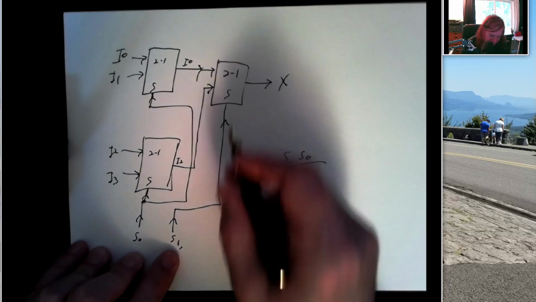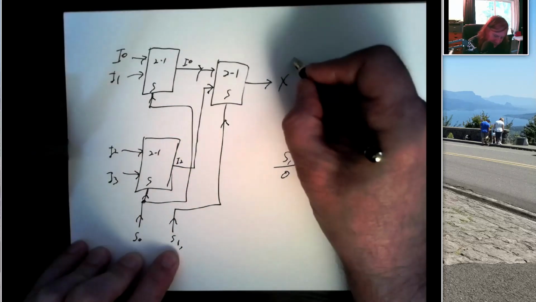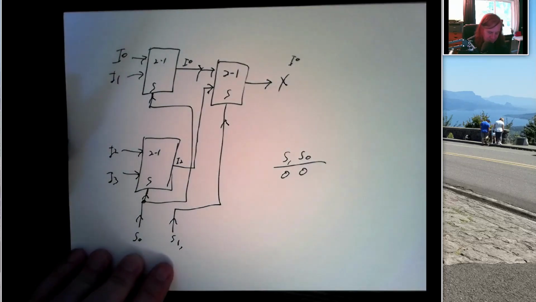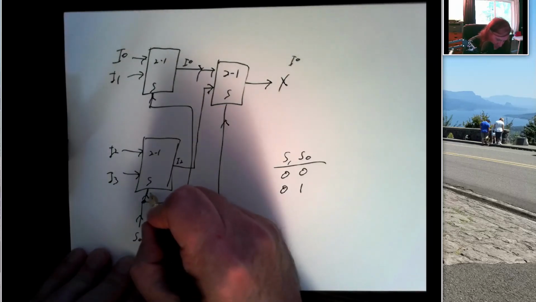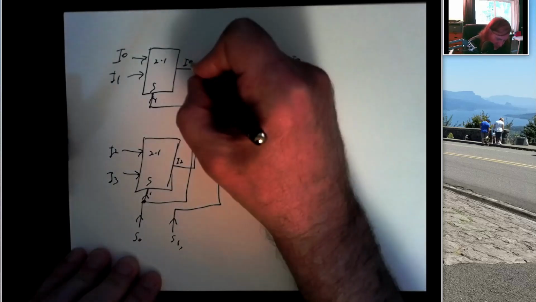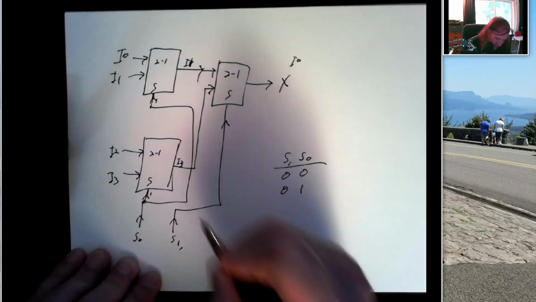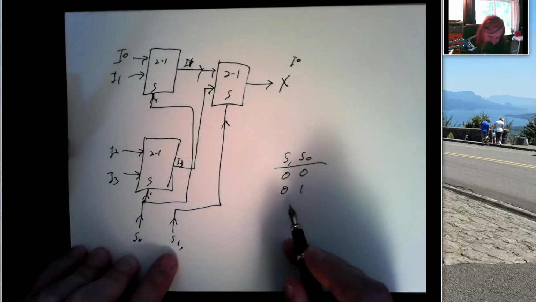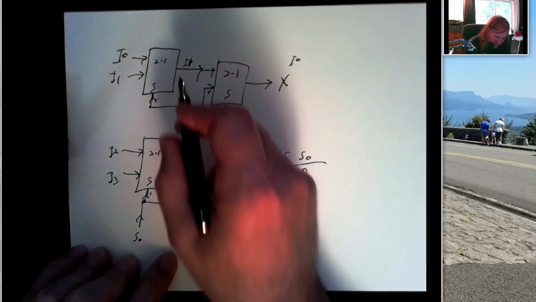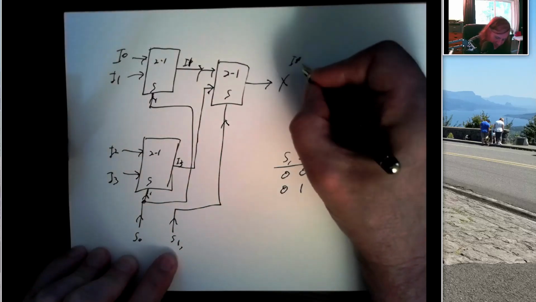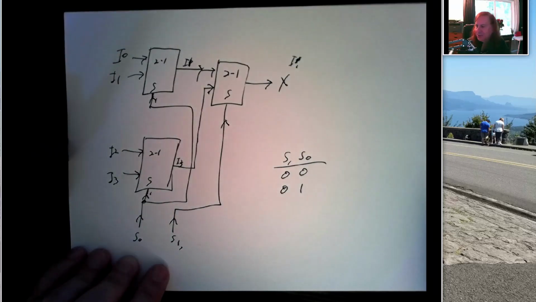Since S1 is a 0, this will take I0, send it to the output. But if instead my input is 0, 1, I would have a 1 coming in here. This would choose I1 and I3, and then S1 is a 0. That'll take this input I1, and our output would be equal to I1.